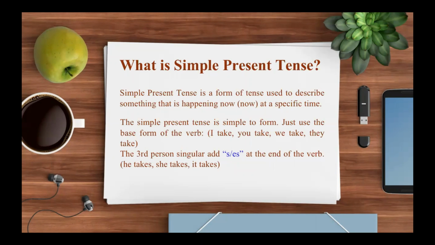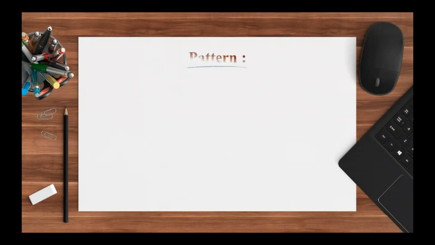But if you use the subject he, she, it, you have to add s or es at the end of the verb. For example, he takes, she takes, it takes. That's simple present tense.